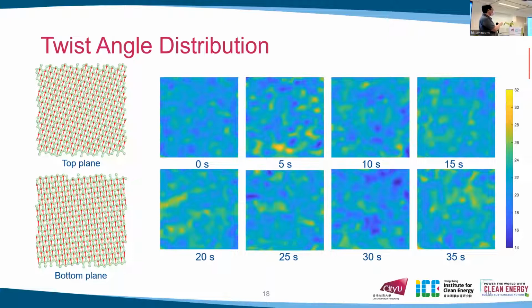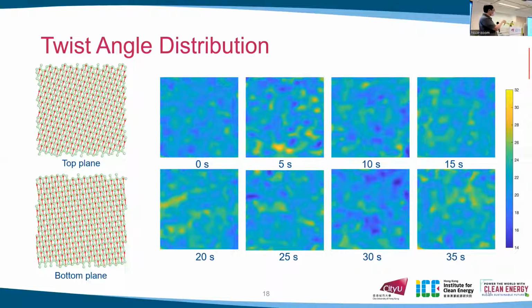Using these orientations, we can determine the twist angle distribution. So we can know the local twist angle. Maybe this will help for the next step. And that's all of my analysis.